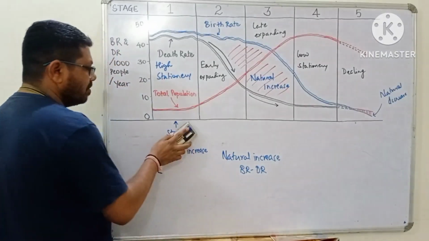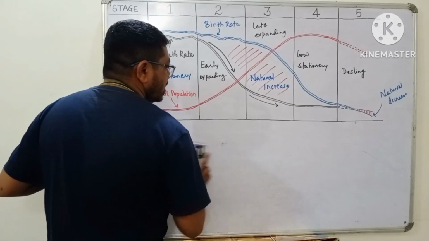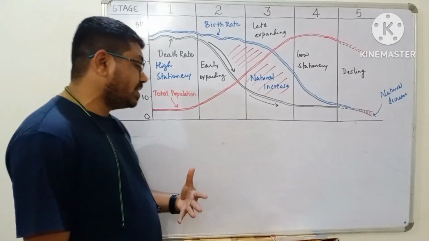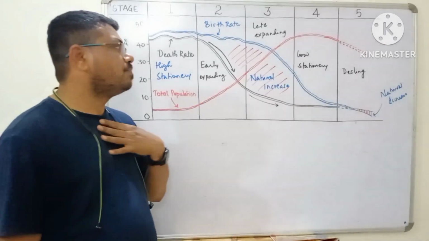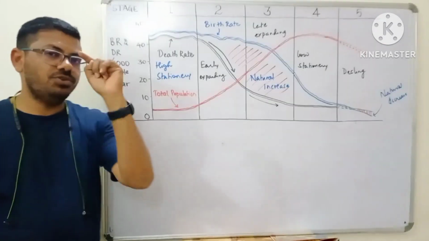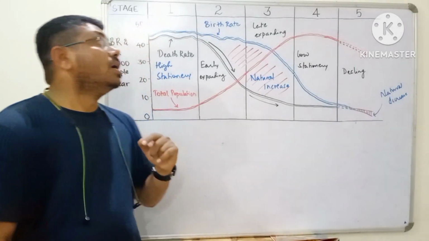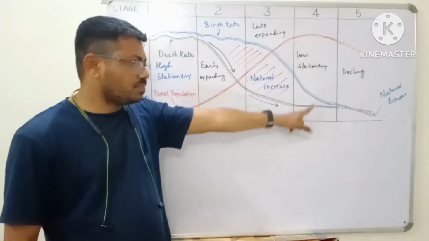Okay, so this way the population structure in a country keeps on changing, right? What is the best for a country? As a geographer, out of all the stages, you can also identify which stage is the best stage to live. For me, the fourth stage is the best stage to live, right?